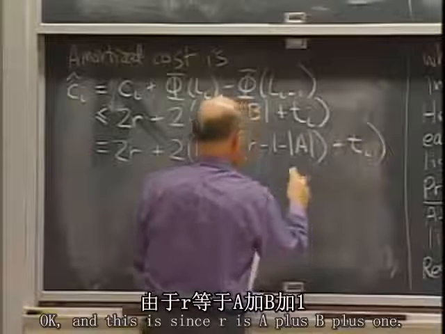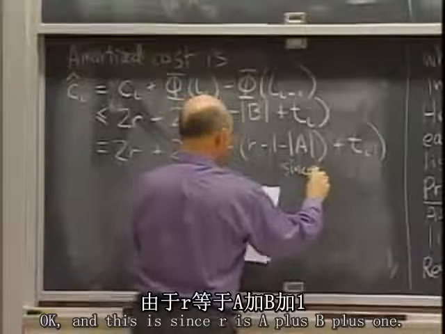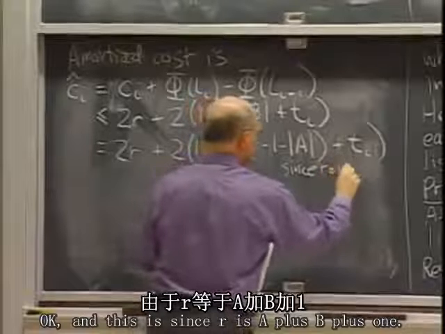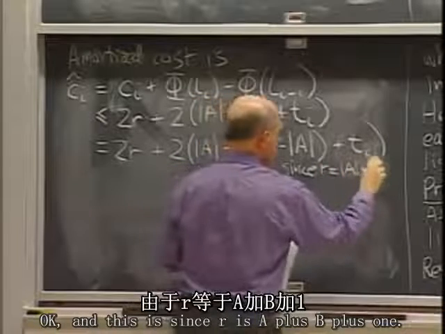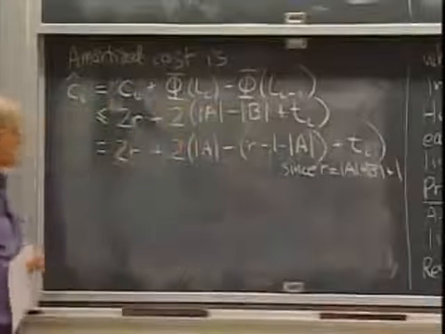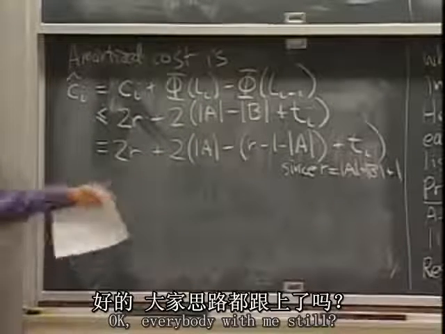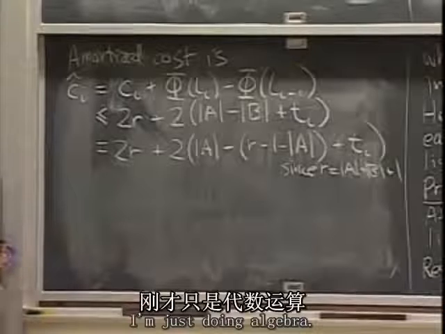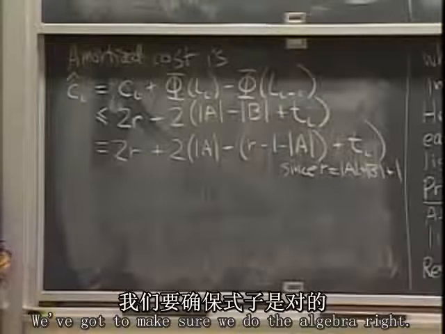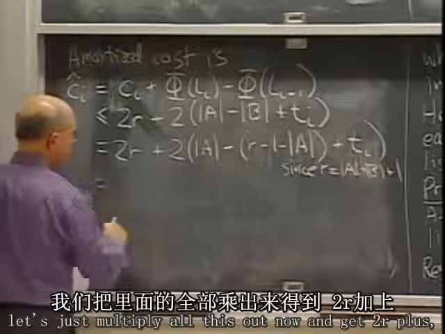Okay, and this is since r is a plus b plus 1. Everybody with me still? Just doing algebra. But we've got to make sure we do the algebra right. So that's equal to, let's just multiply all this out now.